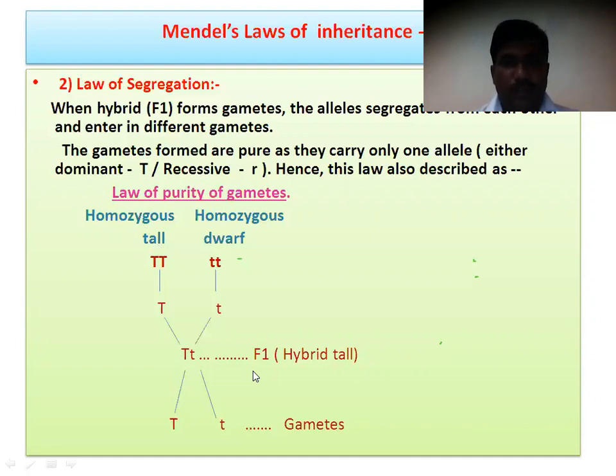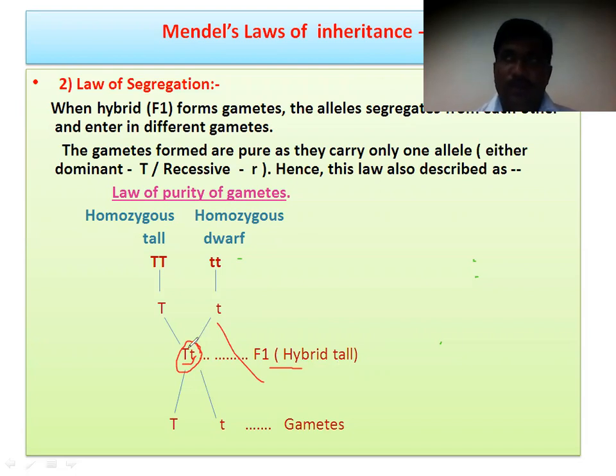These alleles, capital T and small t, come together in the F1 hybrid, so the heterozygous condition is formed.